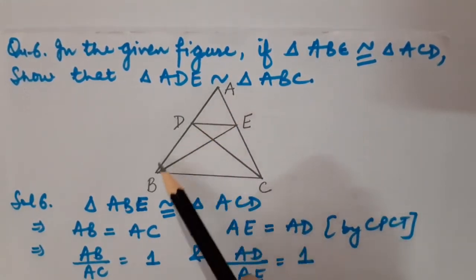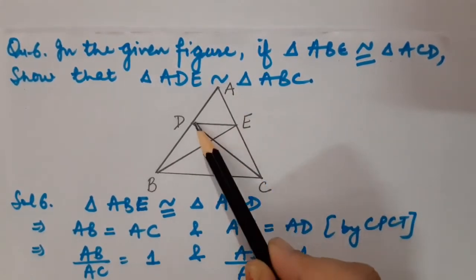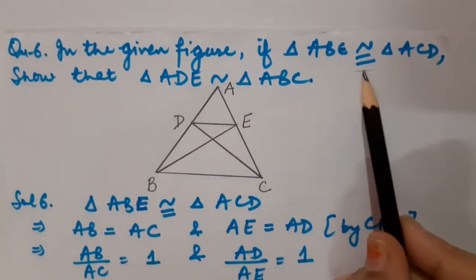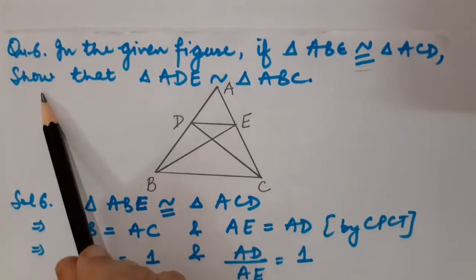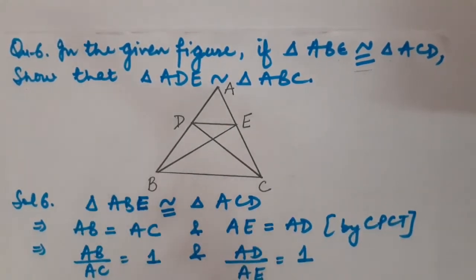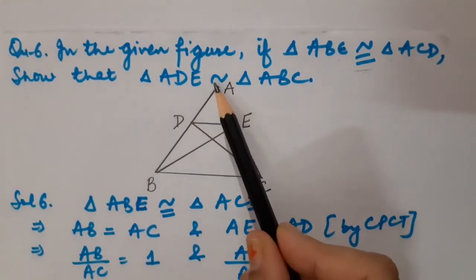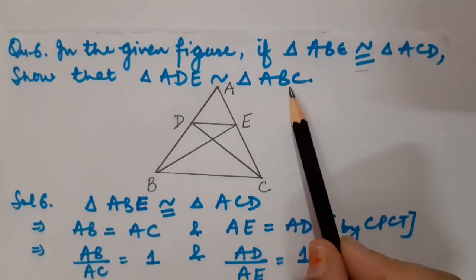This is ABE and this is ACD. They both are congruent. Congruency is given. So we will have to apply all the conditions of congruency. Then what do we have to prove? We have to show that triangle ADE, this smaller triangle, is similar to triangle ABC, this bigger triangle.